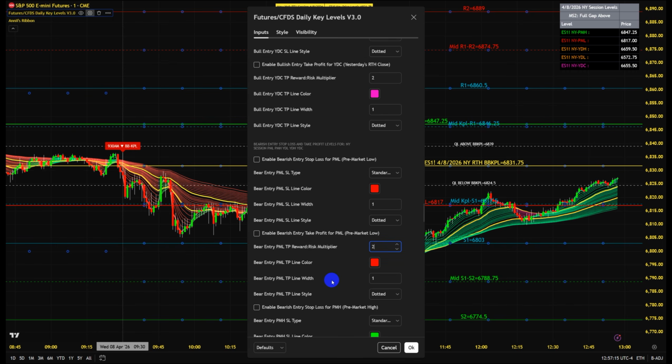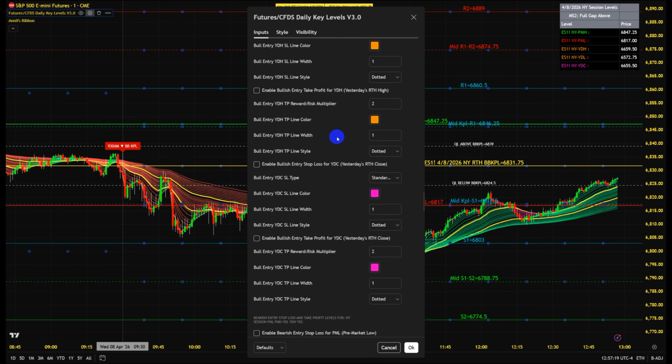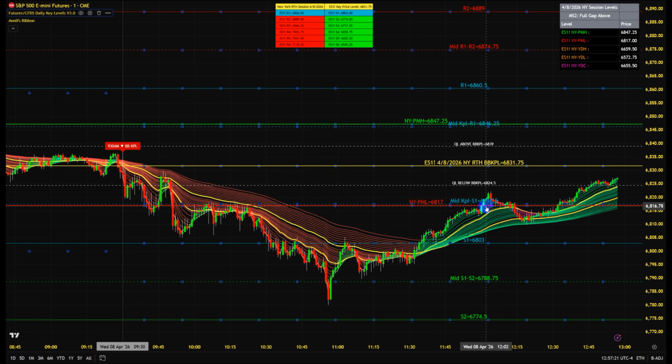And you can do that individually for each of the 5 contextual levels, either a bearish trade or a bullish trade. But with the bull bear key price level and the R and S levels, you're using either the QL level above or below, depending on whether it's a bullish or bearish trade, for your tight stop loss, or you're using the midpoint level above or below the level you're taking the trade from as your standard stop loss.